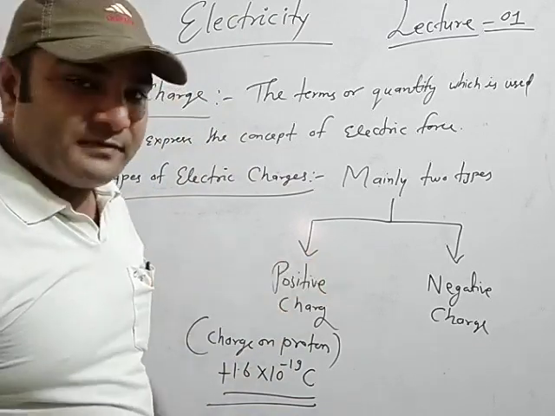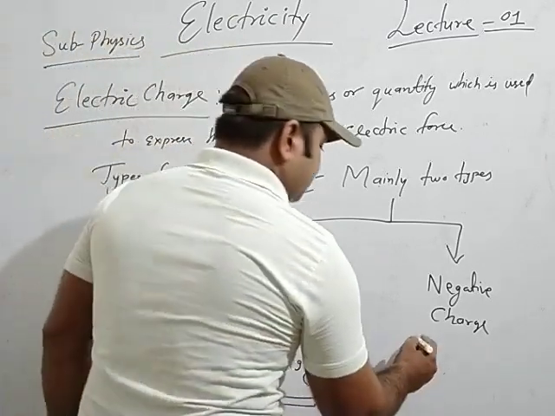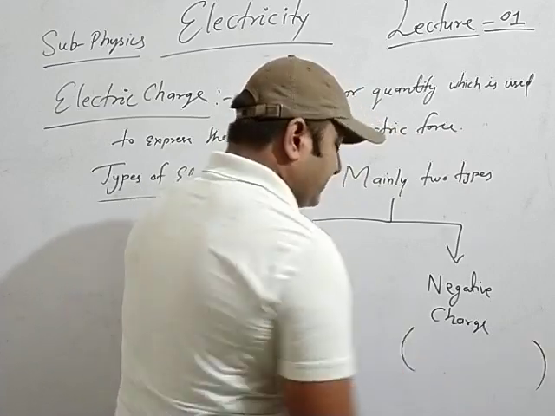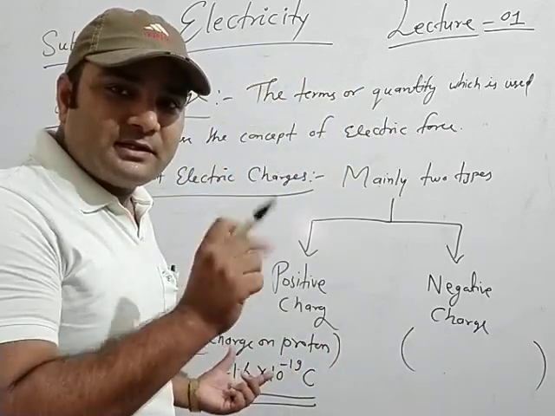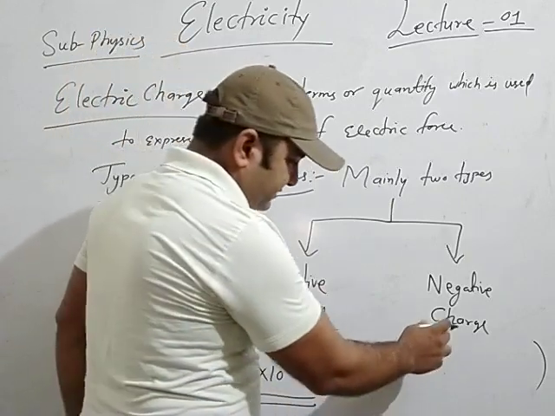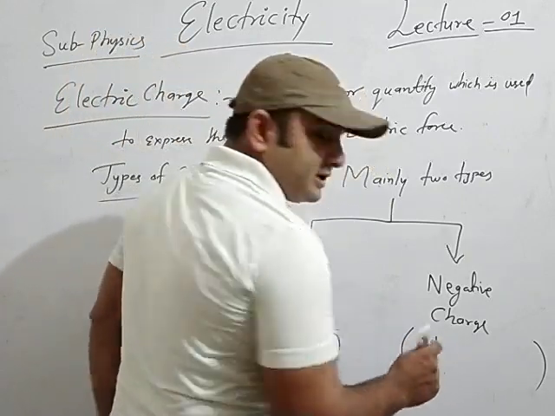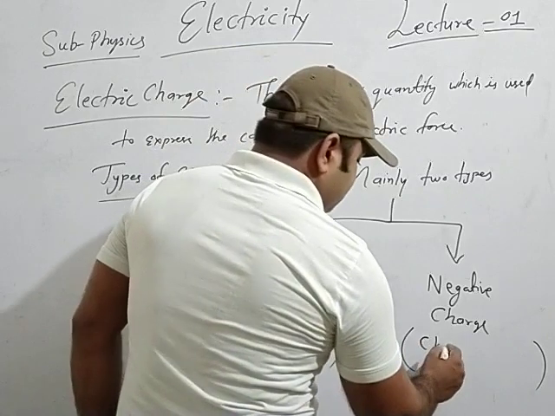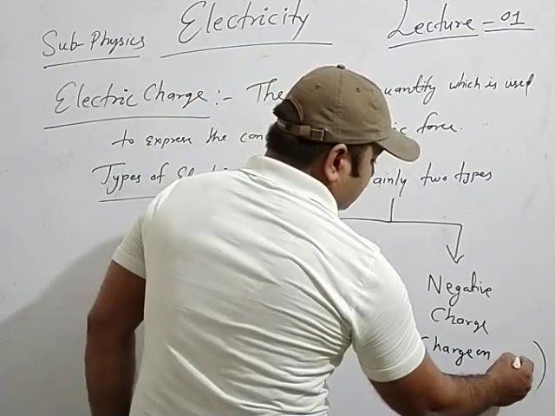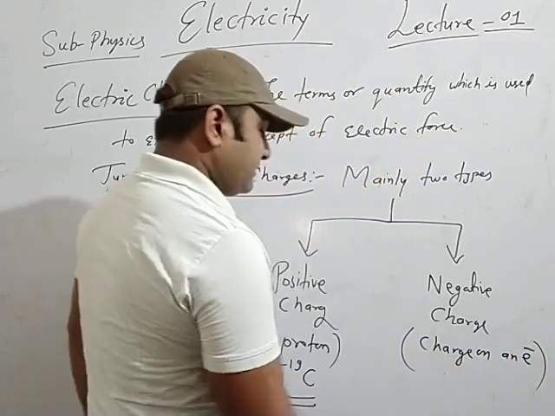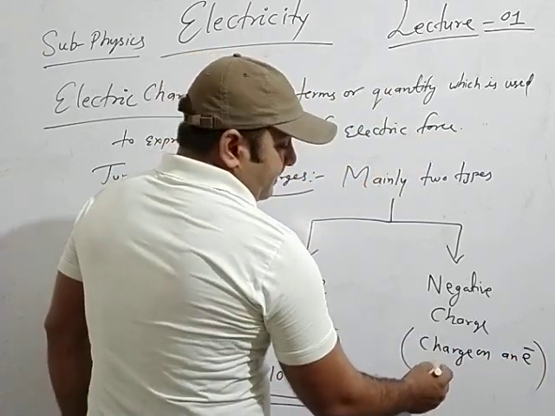Similarly, the negative charge is the charge on an electron. This is the fundamental charge. Same as the charge on a proton, the charge on an electron is also a fundamental charge.